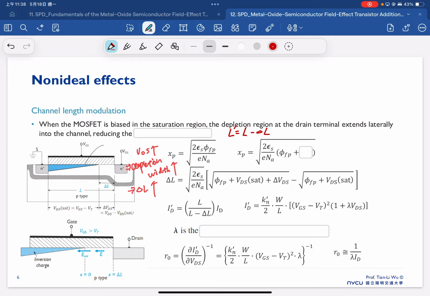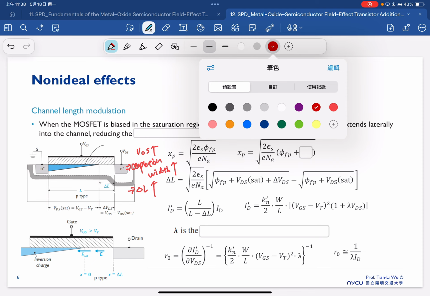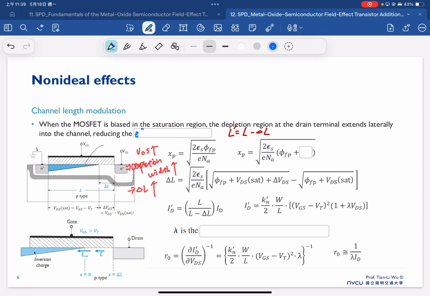Now your delta L increases, so your effective channel length reduces. That's why we call it channel length modulation, because your effective channel length in the end is reduced.